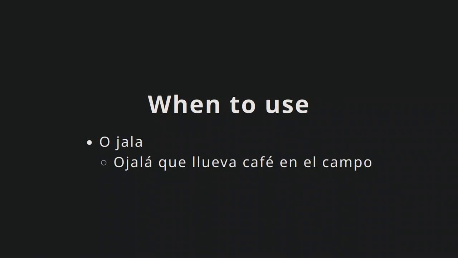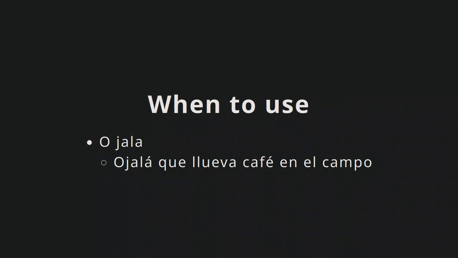However, that inshallah turns into ojalá in Spanish. And as you may or may not know, Spain used to have Muslim rule for 700 years, depending on where you were in the peninsula. So Arabic has had a large influence on the language, and we can even see it with this singular word that will almost always have a subjunctive following it.